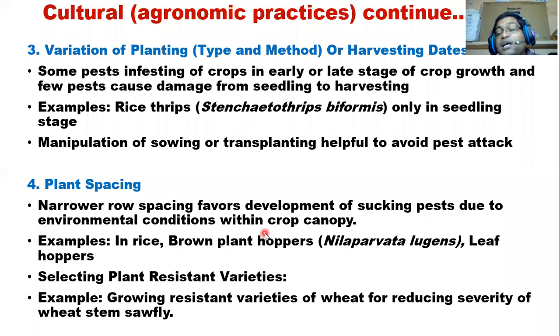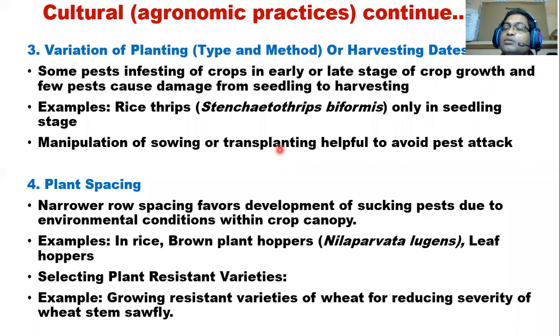And the next one is plant spacing. Normally with thick plantations, if you are taking rice, brown plant hopper attack will be very high when your plant density is high. That's why you have to go for thinning.